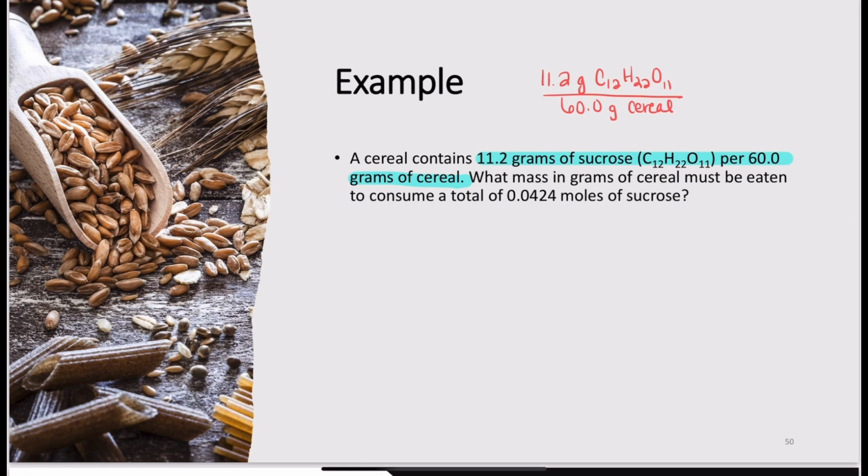It's then asking what mass in grams of cereal must be eaten to consume a total of this many moles of sucrose. So I want to find the number of grams of cereal. I'm starting with 0.0424 moles C12H22O11.